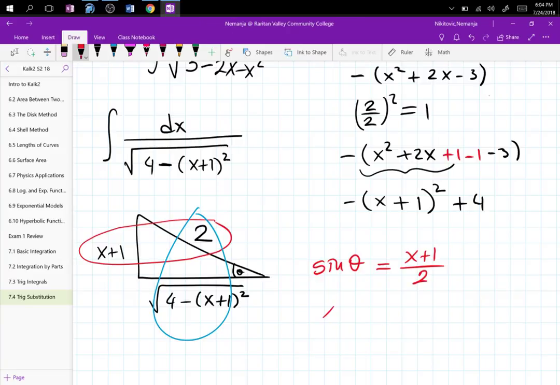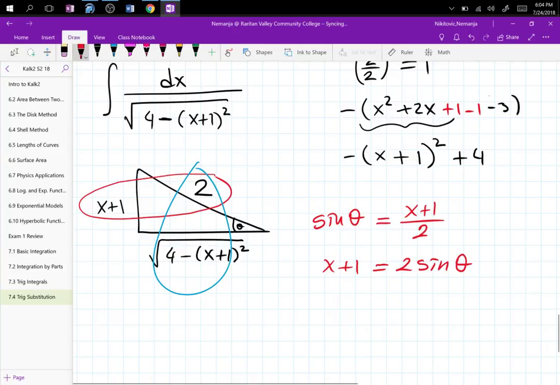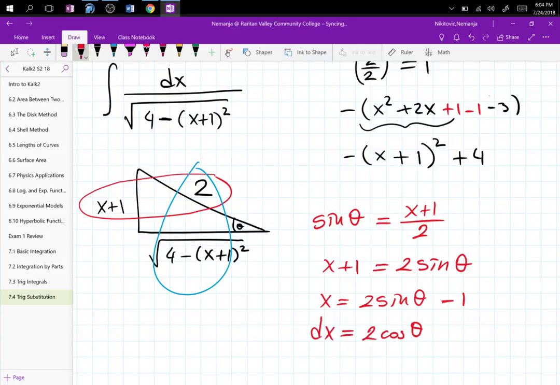From there, x plus 1 is 2 sine theta, and x is 2 sine theta minus 1, from where dx is the derivative, which is 2 cosine theta d theta. All of this work just to get dx. But we need dx, because there is dx in the numerator. We have to replace that.